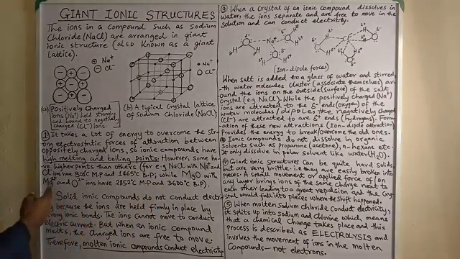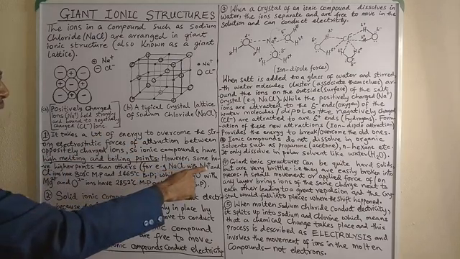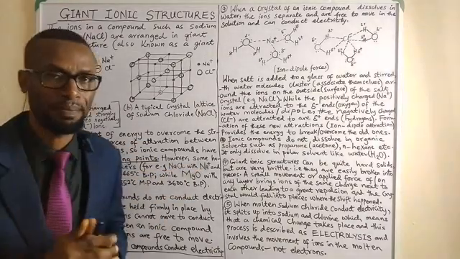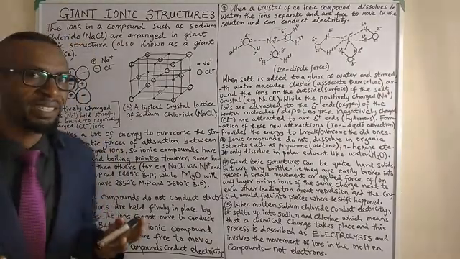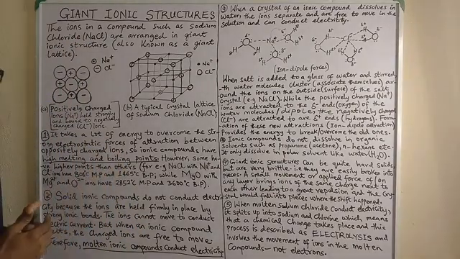Magnesium oxide has two ions, the magnesium 2+ ion and the oxide 2- ion, having a higher magnitude of charges as against the sodium ion and chloride ion, which have a charge magnitude of 1. And this is reflected in their different melting and boiling points.